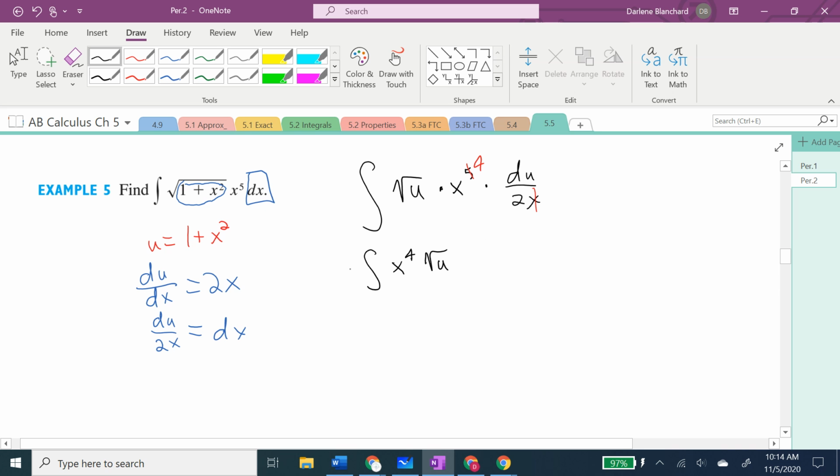And this divided by 2, I'm going to pull out as a constant multiple, and I'm just rewriting what's there. Now, we must have a full conversion. You have to have a full conversion over to u. If you cannot get everybody to convert, you cannot convert.